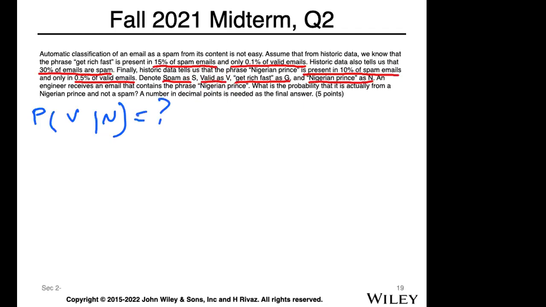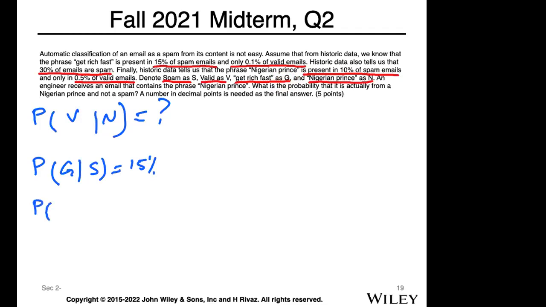So let's reread the question to write down these probabilities as conditional probabilities. The question says the phrase get rich fast is present in 15% of spam emails. Get rich fast is G here. So the probability of G given spam is 15%.